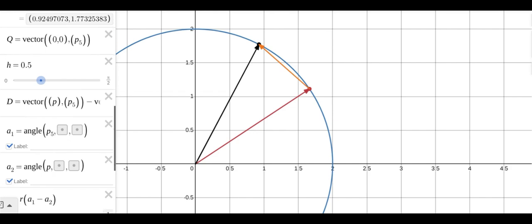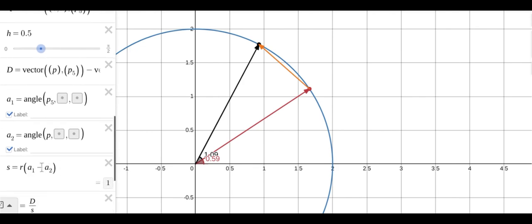Here is the angle to the red vector, in radians, and here is the angle to the black vector. Here is my delta theta, the change in those two, and so the arc length in this case is 1.